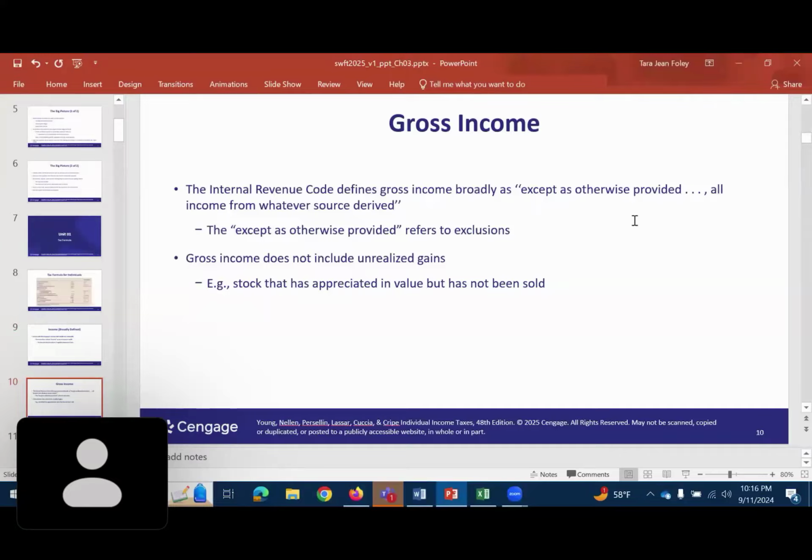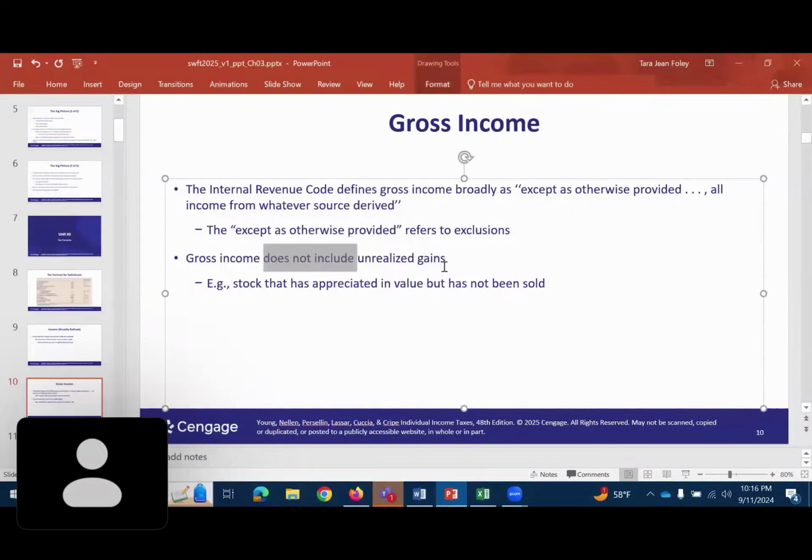However, there are some types of income that are not taxable. So if you don't know if it's taxable or not, you look in the IRS code. And if that type of income is not written anywhere to say this is not taxable, then you need to put it in and assume that it is taxable. Okay, and it's going to be included as taxable.